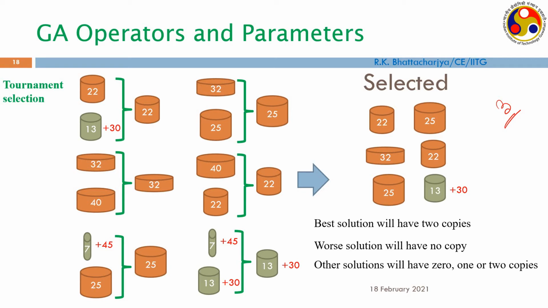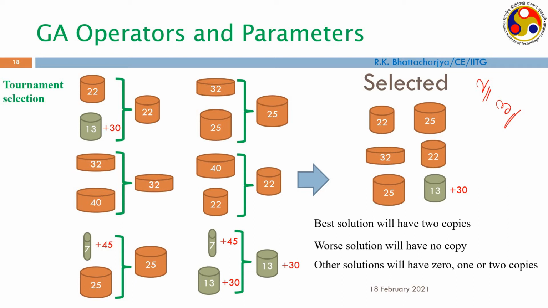Now if you look at tournament size of 2 and 3, what is the difference between these two? As I said, the minimum tournament size is 2, because one person cannot play a tournament, so you need 2 solutions.